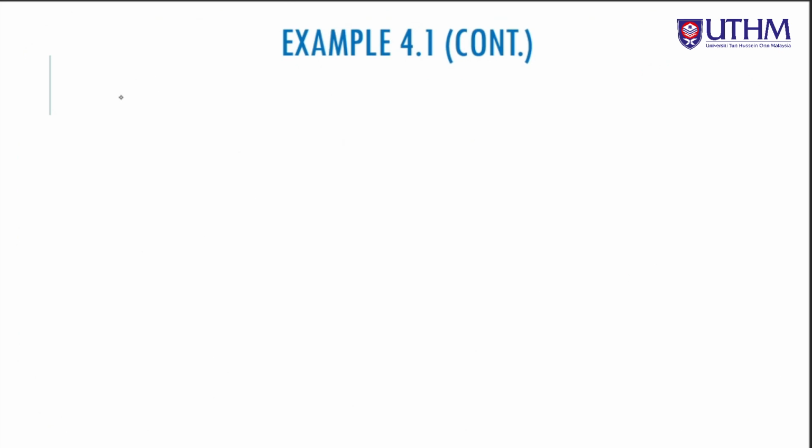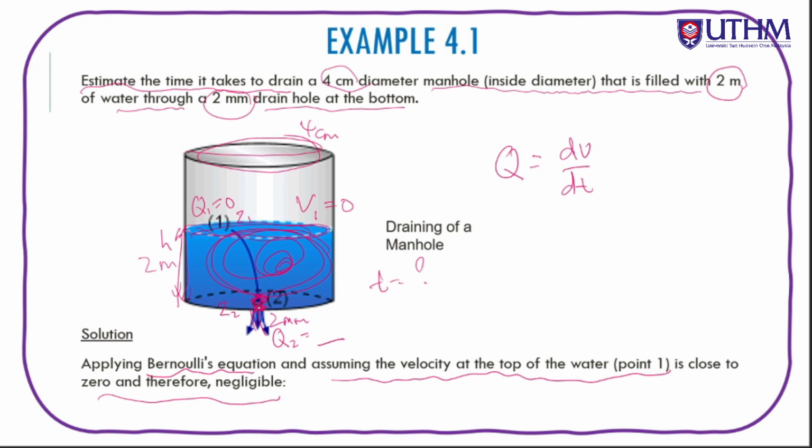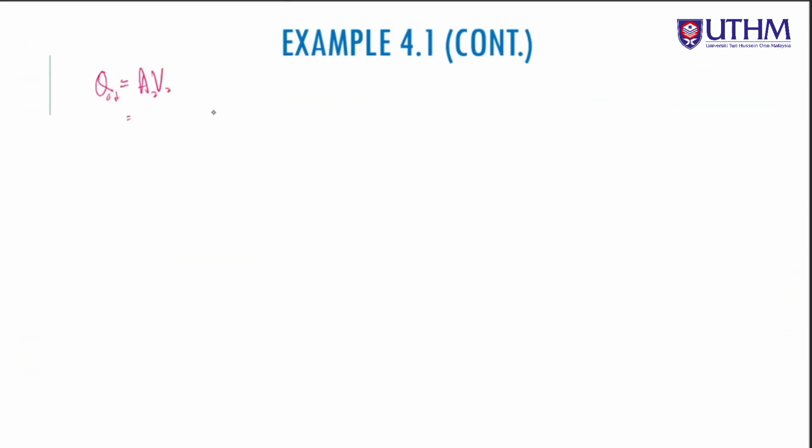So apa kita buat? Kita tahu Q equals to AV, betul tak? So yang ni kita consider at point 2 lah, kan? Q out, kan? Dekat Q2 lah kiranya. So area dekat dia keluar ni, kita guna area of circle tu lah.